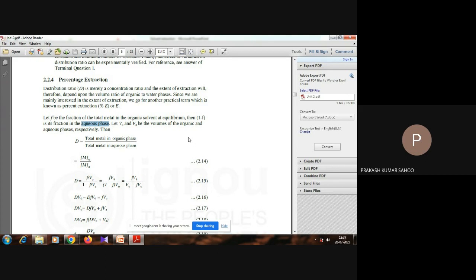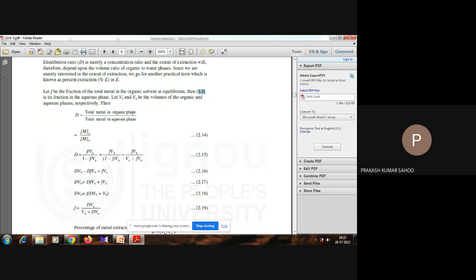Organic phase plus aqueous phase equal to 1. So the total metal in organic phase by total metal in aqueous phase will be the metal concentration in organic phase divided by metal concentration in aqueous phase.